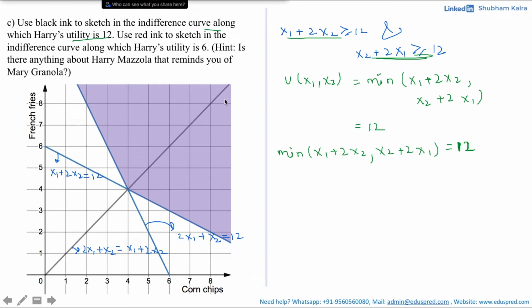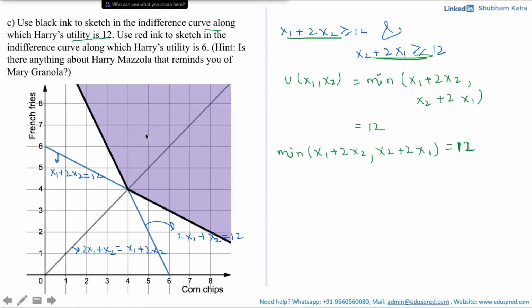So if I consider the minimum of this entire region, because I want the value to be exactly 12, that means I have to choose all those combinations which are giving me the utility of exactly 12. So that would be this black solid line. Anything above this black solid line, corresponding to the shaded region, would give us the value of more than 12.